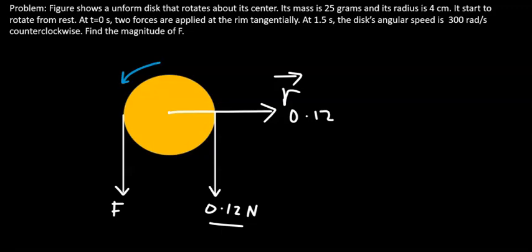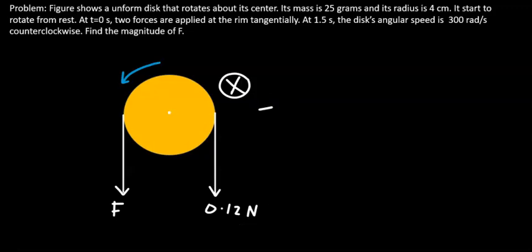Now when you use your right hand rule, when you sweep or curl from R to the 0.12 newton force, you see the direction of your thumb will be pointing into the board. So the torque created by this force is heading into the plane, or into the board. We can take that torque to be negative in sign. Now the torque created by this force, F, the moment arm for that force is going that way.